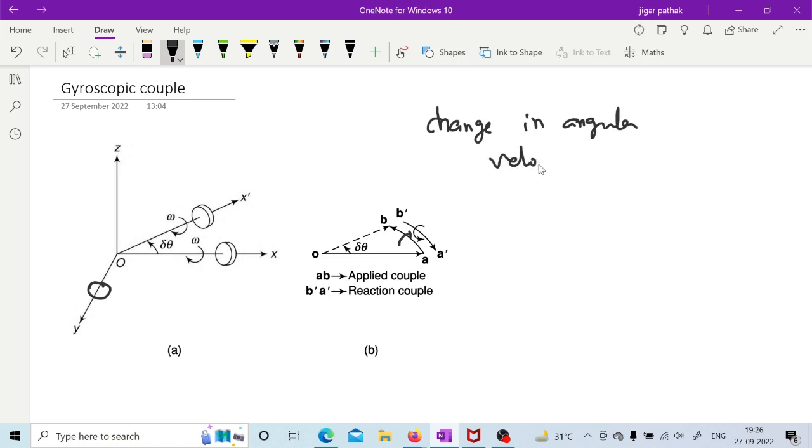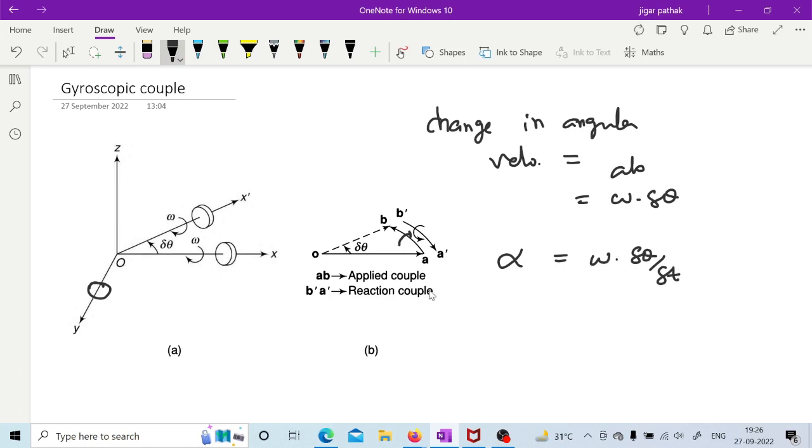Change in angular velocity is EB, as you can see mentioned here, which is nothing but omega into delta theta. Now this is your change in angular velocity, right? So your angular acceleration means the rate of change of this angular velocity, which will be omega delta theta by delta t, right?